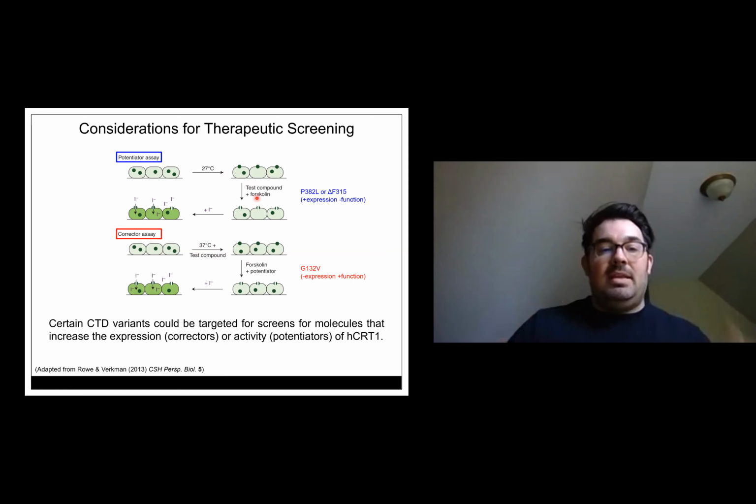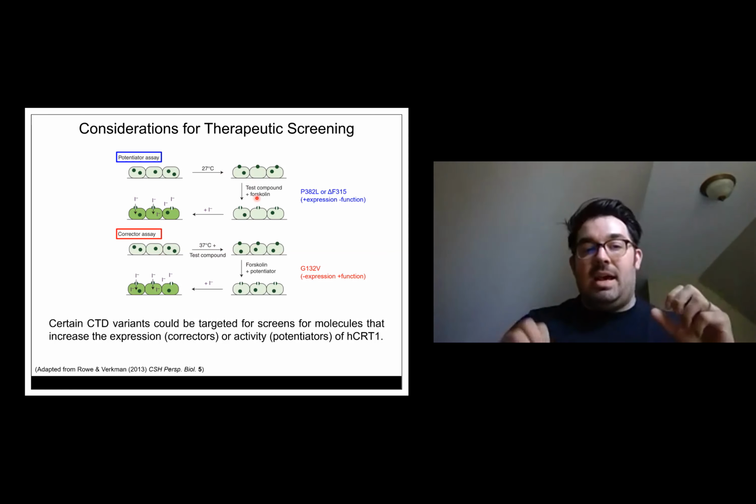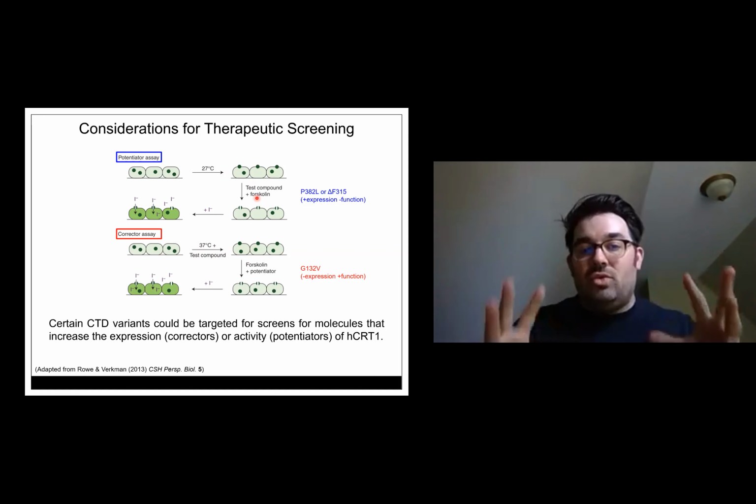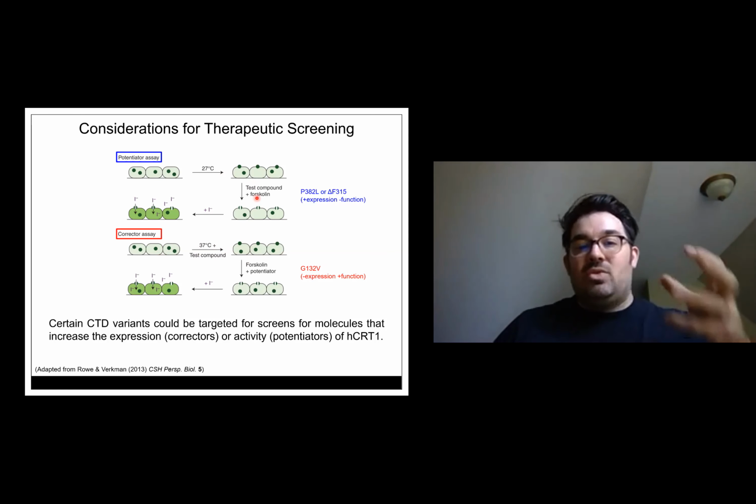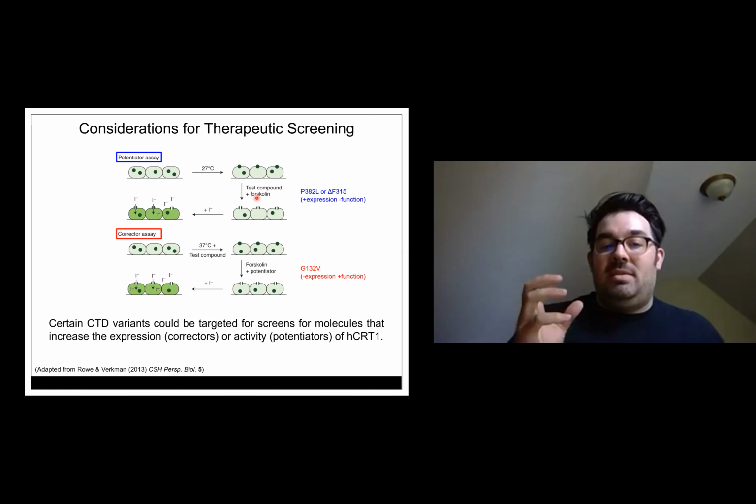So again, it's a different disease. It's a different scale. They have different tools. So these things aren't directly translatable, I don't think. But I think that you could see this as a template if you wanted to find molecules that fix broken transporters.